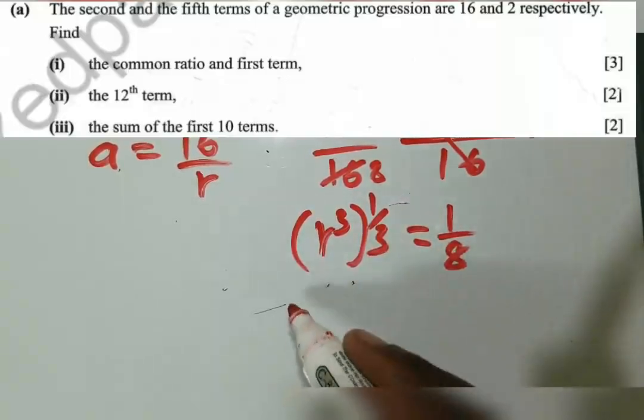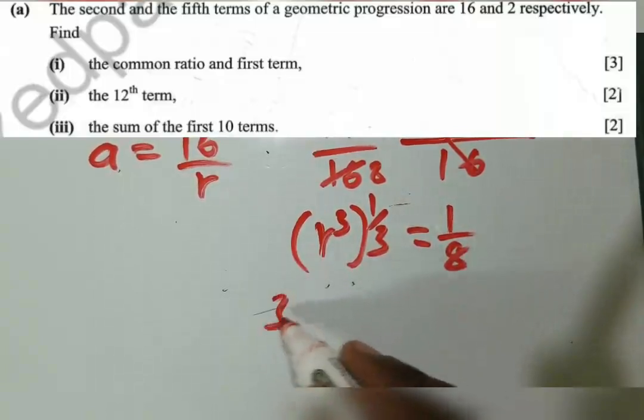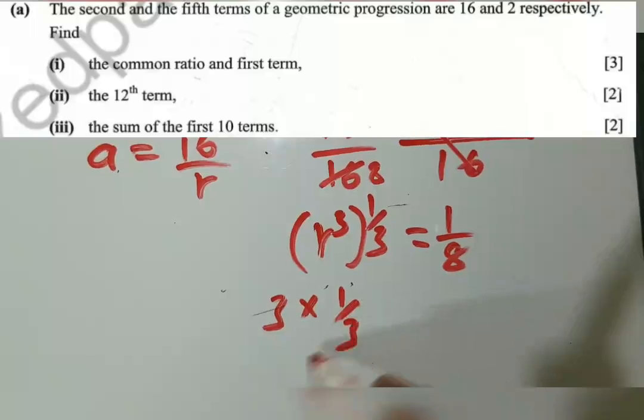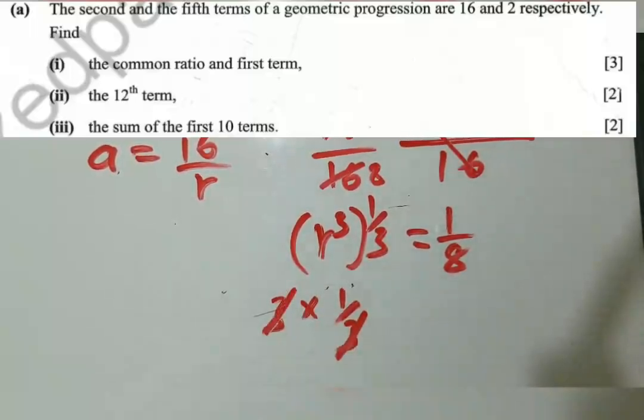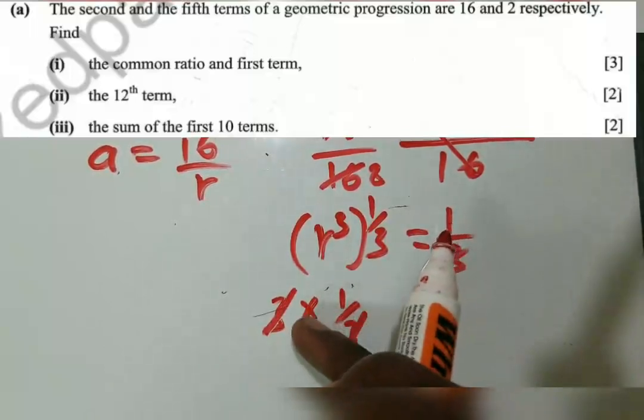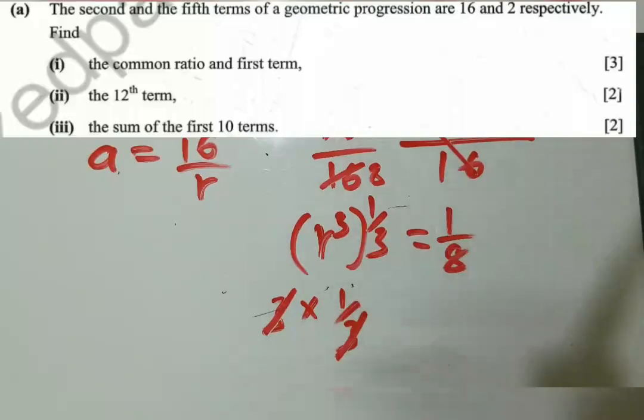When you're multiplying something like this, 3 times 1 over 3, like that, this 3 is dividing. So we are going to have R to the power 1.